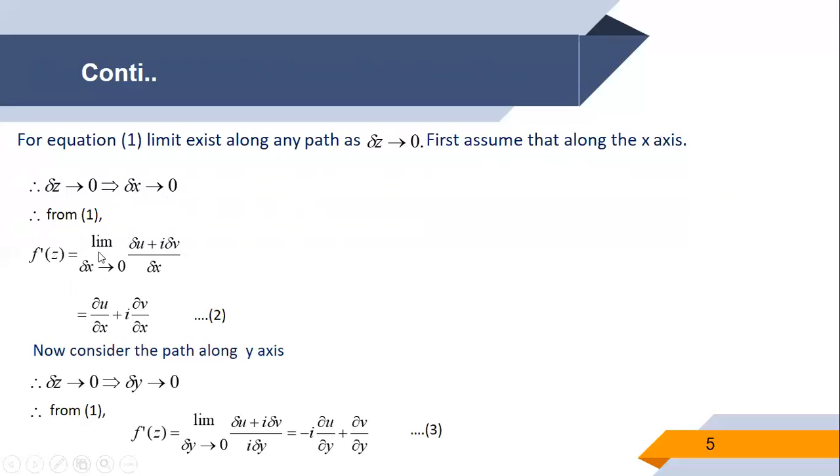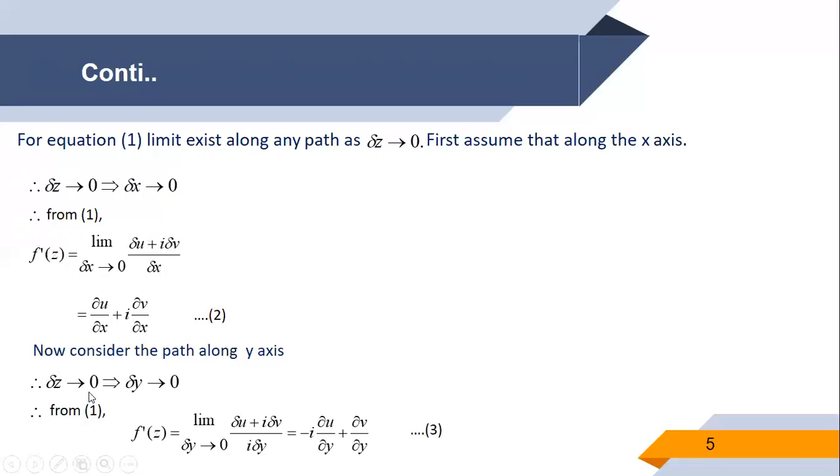Then we get this term, limit delta x tends to 0, delta u plus i delta v upon delta x, which by the definition of the derivative is del u by del x plus i del v by del x. So this is equation number 2. Now we consider the other path, along the y-axis.